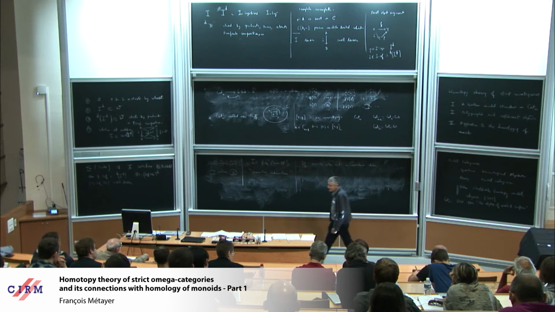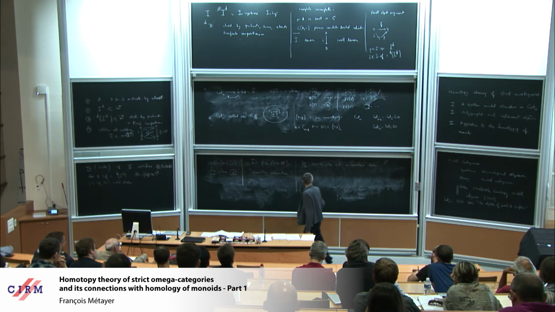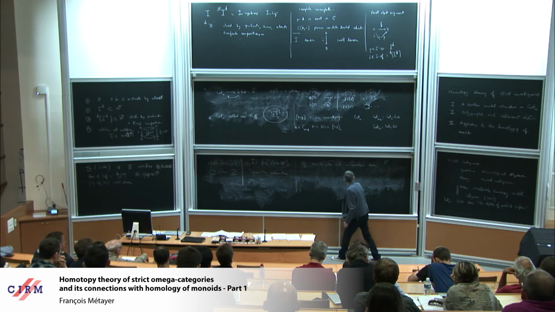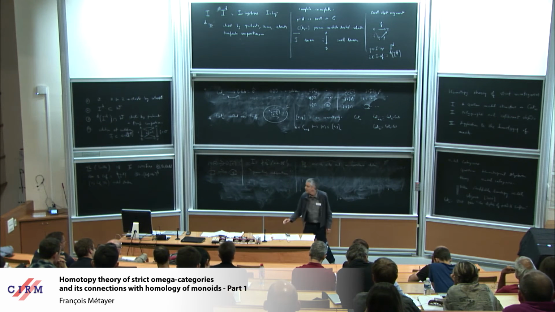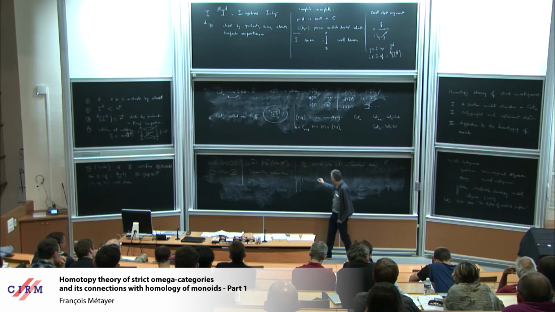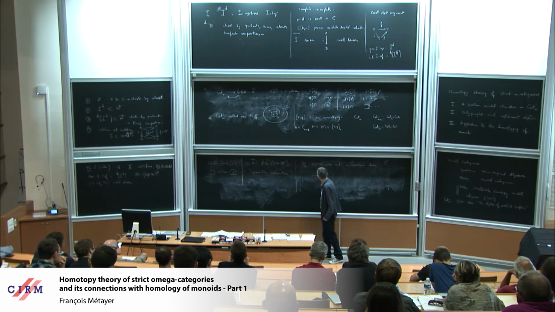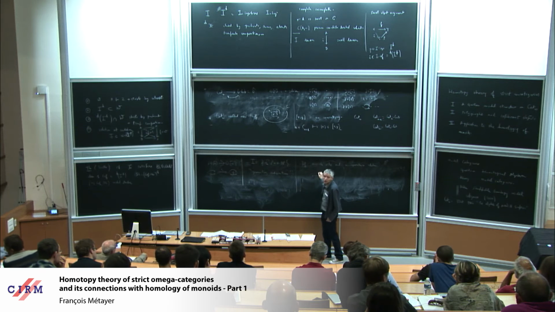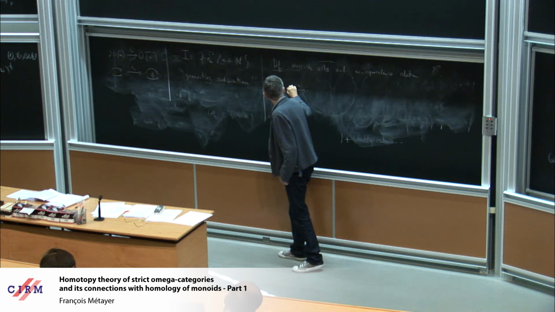So this definition seems a bit strange when you see it the first time. It goes like this. You take a cell U, could be any dimension. I represent it in dimension 1, but it's just to make a picture.